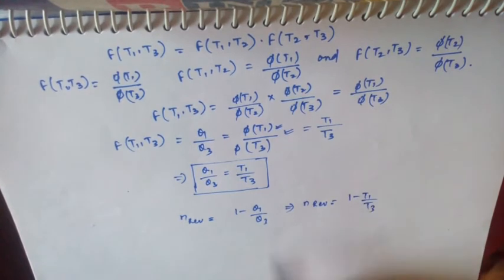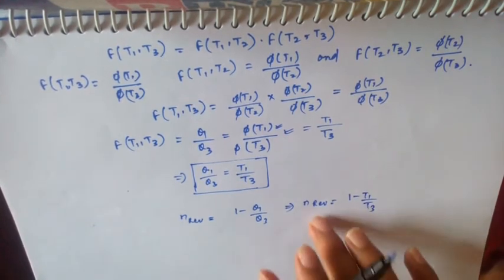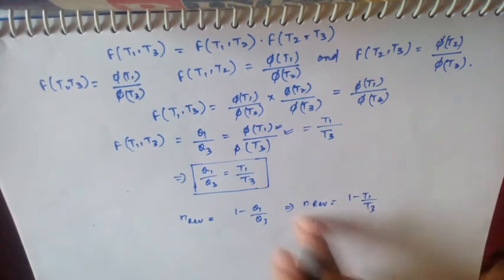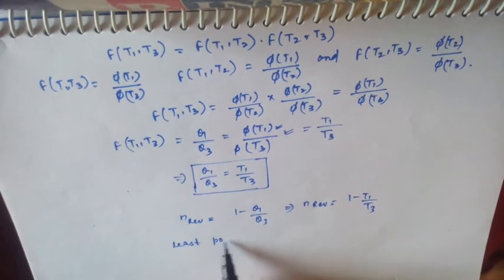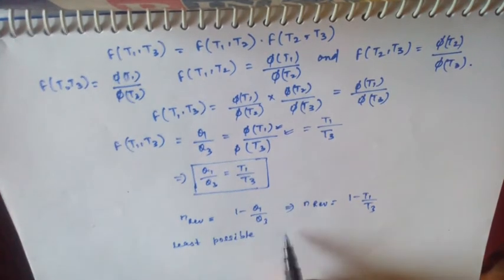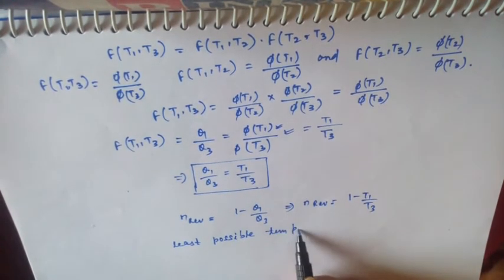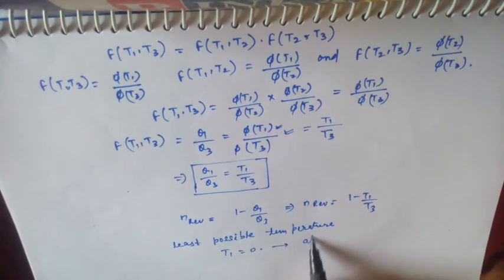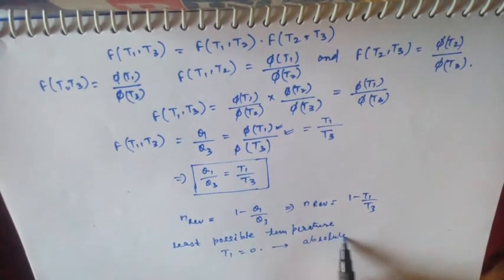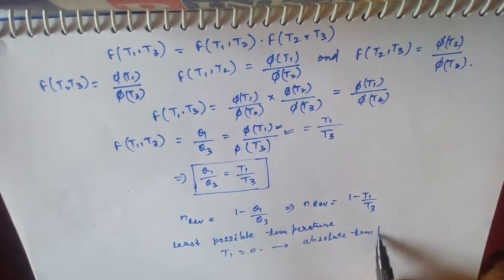Now since the efficiency of the heat engine cannot be greater than 1, the least possible temperature of the substance can be 0. T3 can be 0. Now this T equal to 0 can be called the absolute temperature scale.